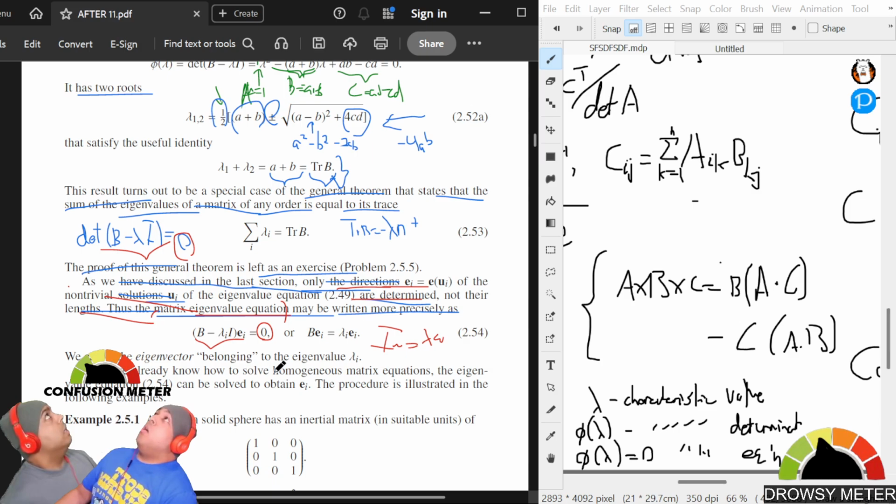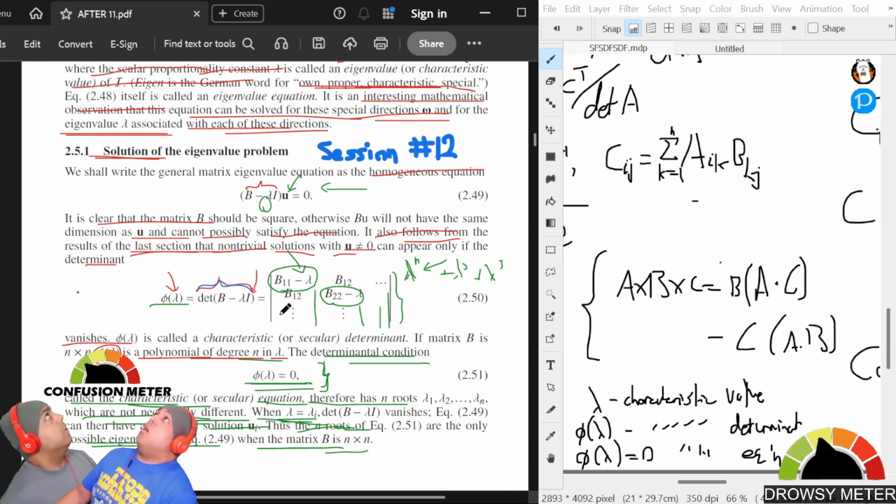Since we already know how to solve a homogeneous matrix equation, the eigenvalue equation, we keep getting new equations. Can we solve to obtain e_i? Procedures are illustrated in the examples.